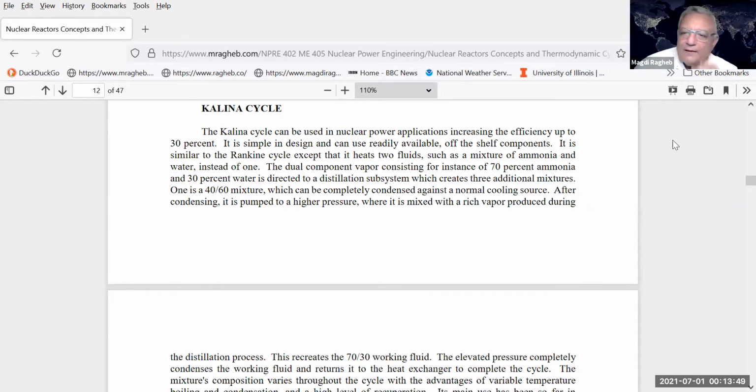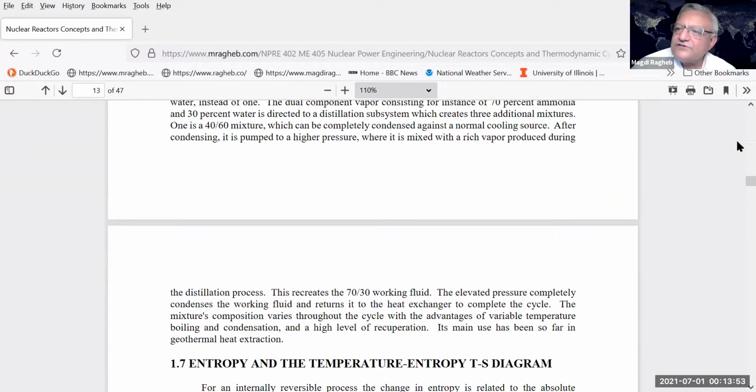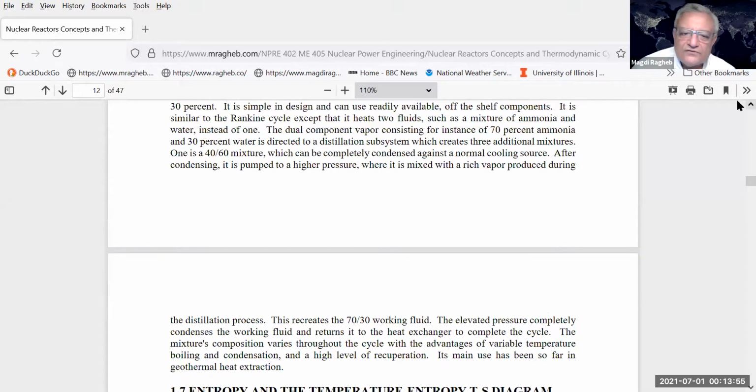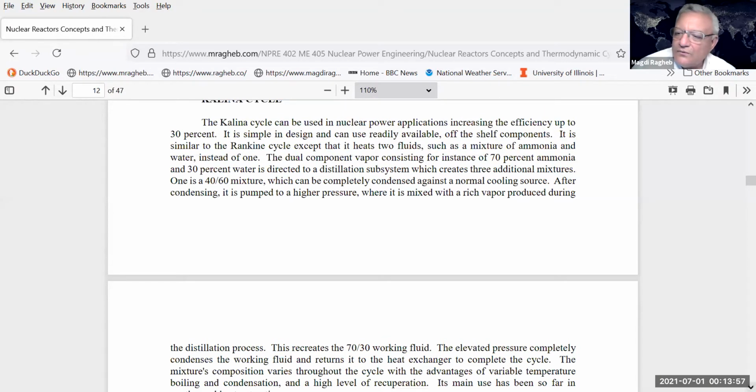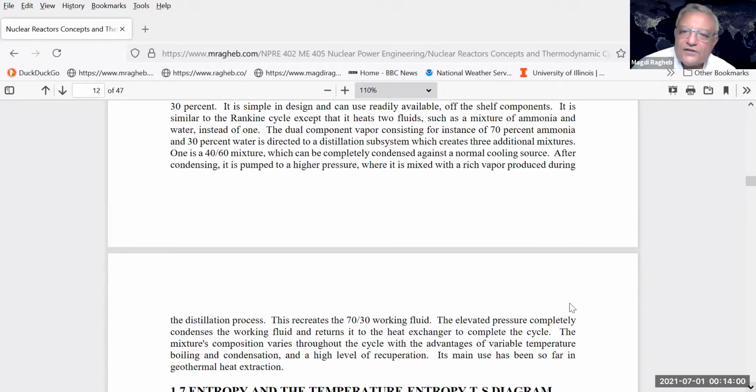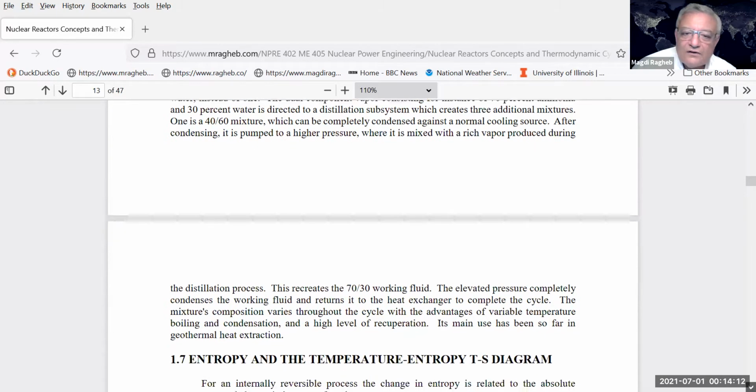However, the fact is that you can increase the efficiency of the cycle tremendously. I had a student who worked on adapting the Kalina cycle to boiling water reactor, and the efficiency was increased in that case on an exergy basis by 30%. So that could be a cycle in our future.